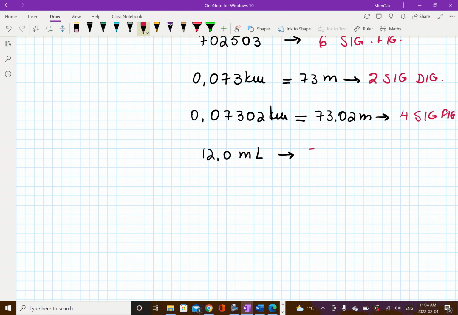So in this case, we will have 3 significant digits. Okay. This is pretty much what you need to know for significant digits.